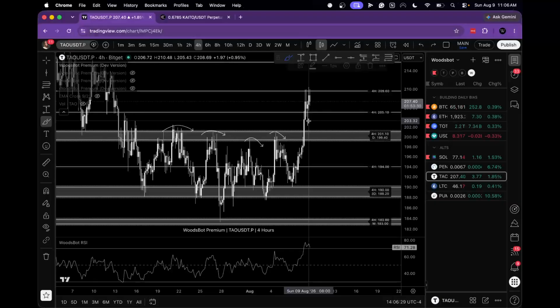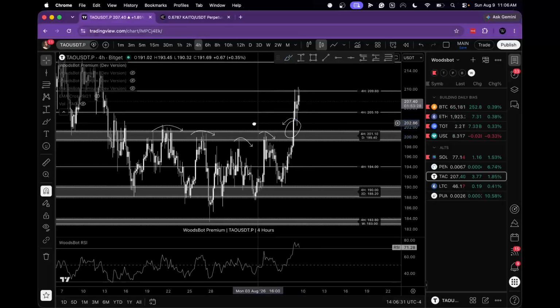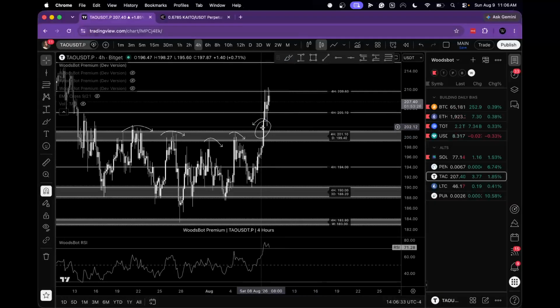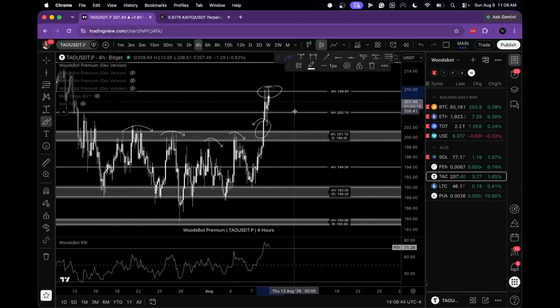This 4 hour close above is my indication that this is bullish. You could enter a trade if you were a breakout trader, 100% that's a trigger for it. But for me, this indicates I'm not really looking to short these levels. It's not my interest. I'm looking for a retest now because we flipped a level.